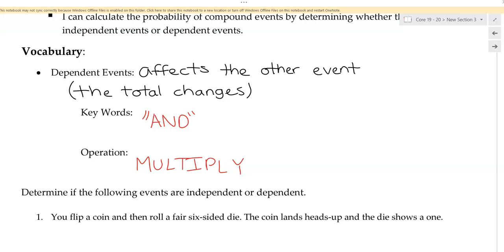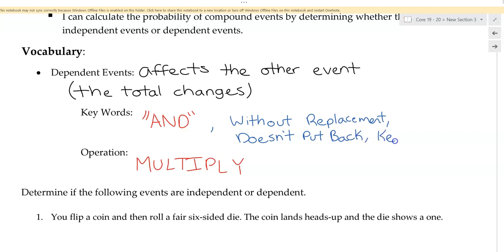However, our other key words are without replacement, doesn't put back, keeps, anything like that, right?